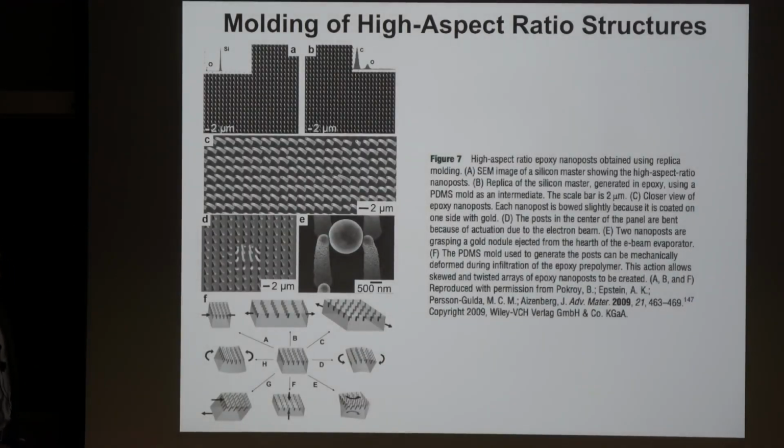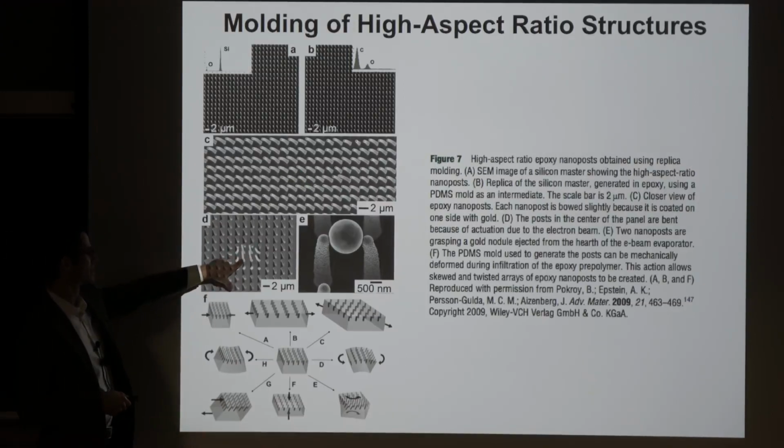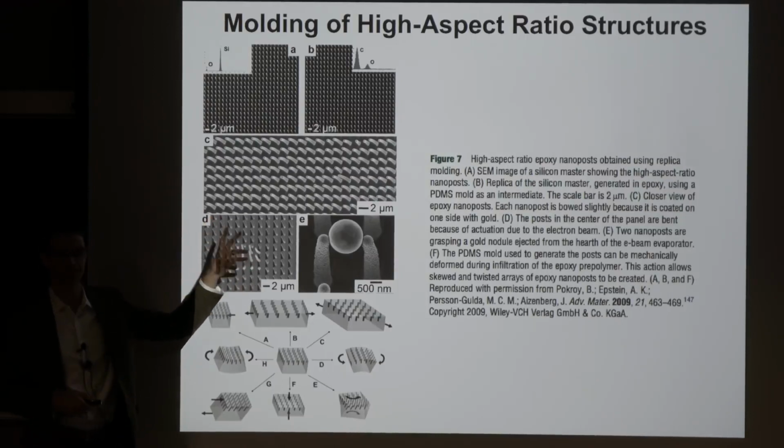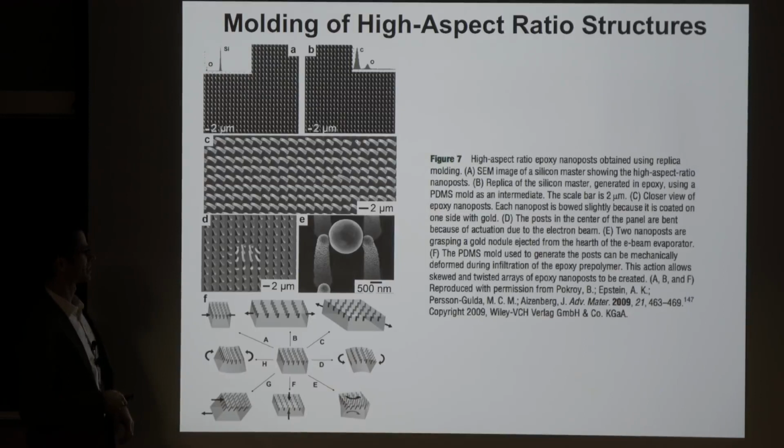This is some unintentional artwork created by me in the lab like 10 years ago, but it's really cool, so I'll show it. These are very high aspect ratio pillars that are coated with metal. They're 200 nanometers at the top, 500 nanometers at the bottom, and they're 8 microns tall, and the pitch here is 2 microns. And you can actuate these things by shining electron beams at them, and they'll bend like octopus tentacles.